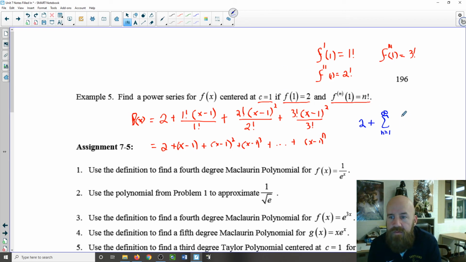So we're going to be left with x minus 1 to the nth. That would be our notation.